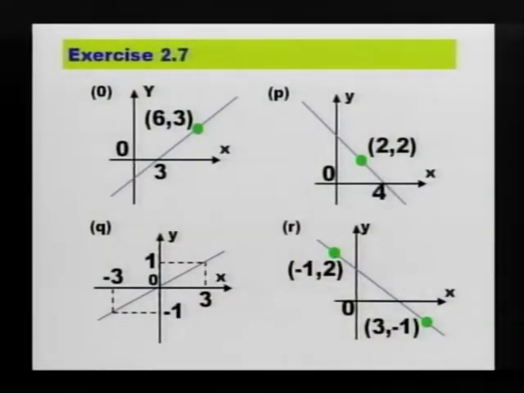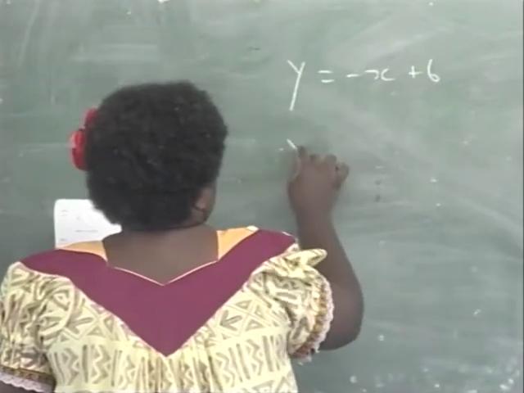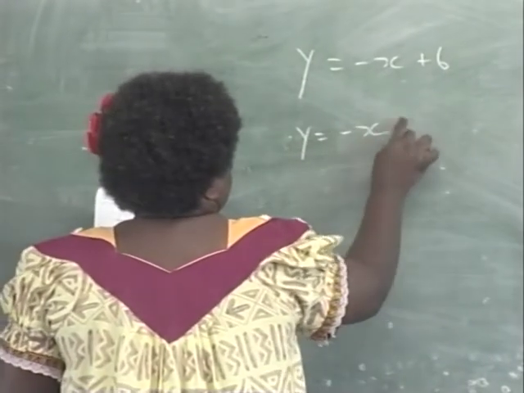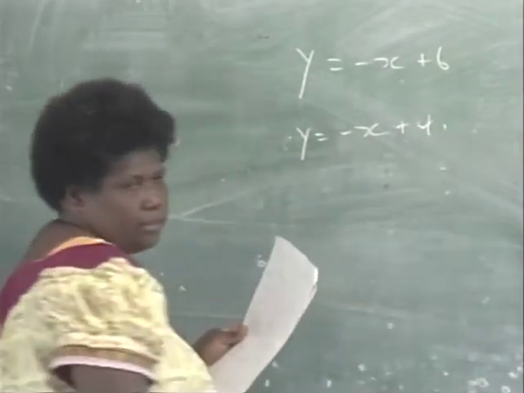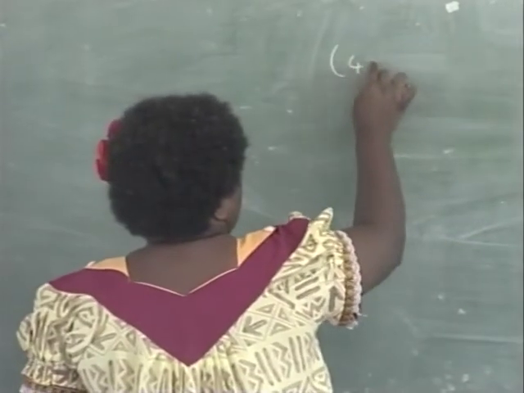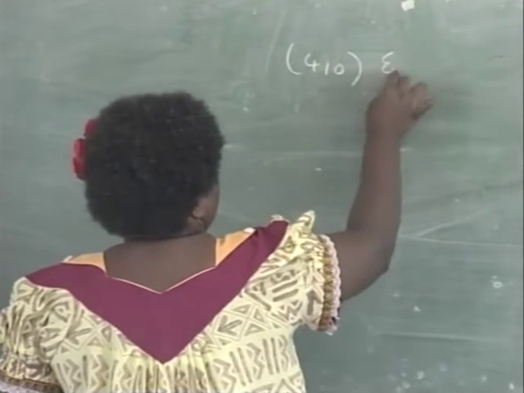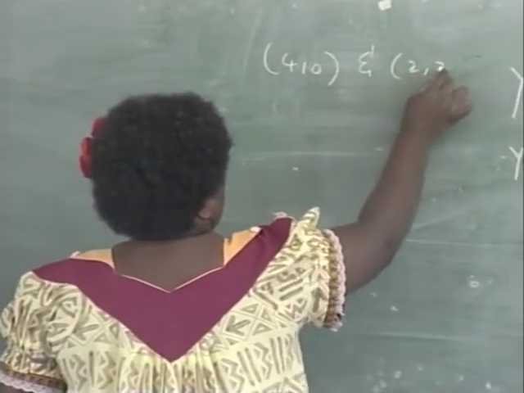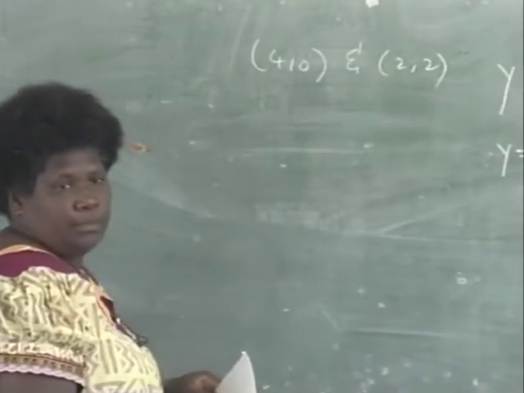Negative x plus 4. Okay, y equals negative x. Geno has plus 6. The rest of you have 4. Okay, if we were to find the gradient, the points that are given are 4, 0, and 2, 2.